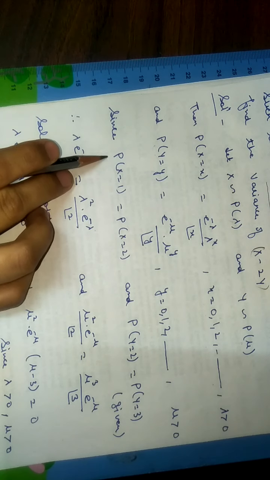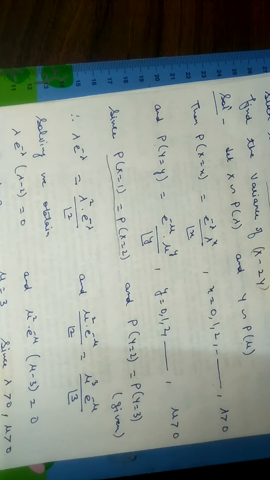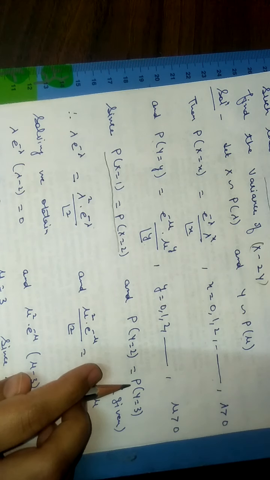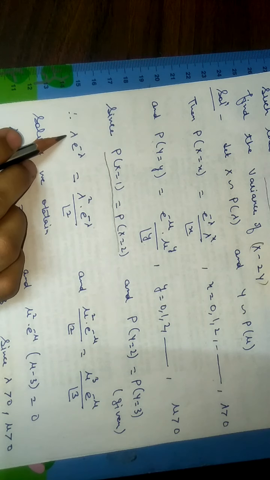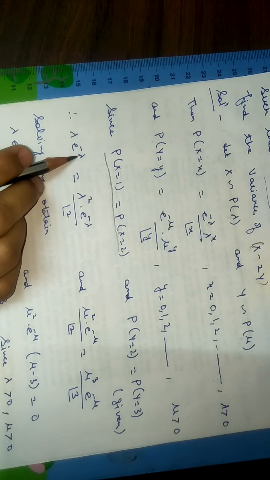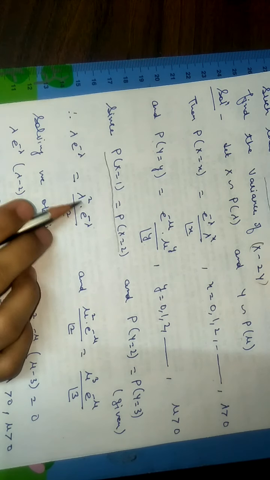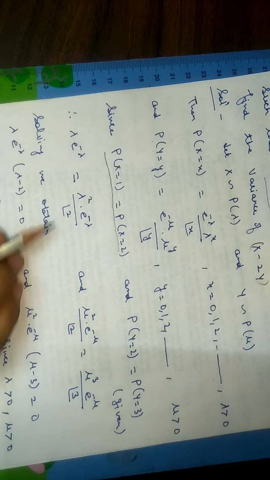Since it is given in the statement that probability at x equals 1 equals probability at x equals 2, and the second condition is probability at y equals 2 equals probability at y equals 3, it becomes lambda e raised to power minus lambda equals lambda square e raised to power minus lambda by 2 factorial.